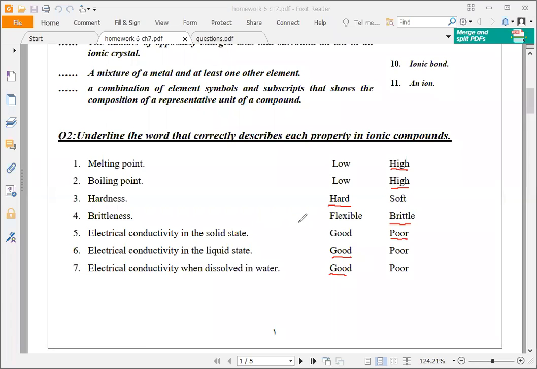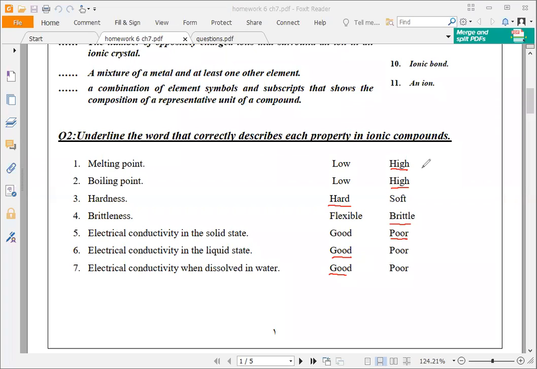In solid state, ionic compounds are poor conductors of electricity, and good conductors when they are dissolved in water or melted into liquid. The answer is excellent from Abdullah Al-Mangoor and Abdurrahman Al-Jiban.